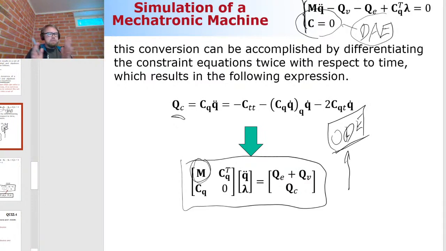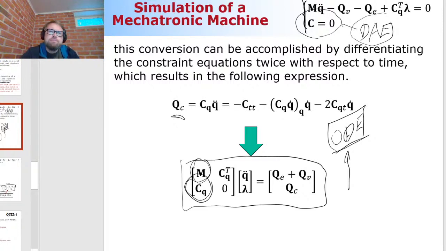So it's a block diagonal representation of mass matrices of all the bodies in a system. What is this guy here? This is the Jacobian matrix. And the Jacobian matrix you get by first building your constraint equations and then differentiating these constraint equations with respect to generalized coordinates. That's your Jacobian matrix.